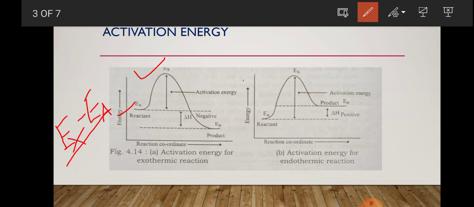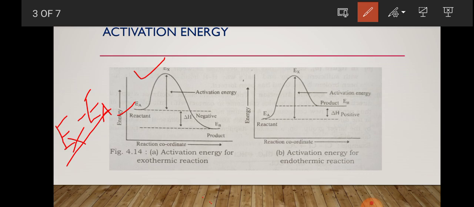Now, if you look at the figure here, we define activation energy of exothermic reaction and activation energy of endothermic reaction.